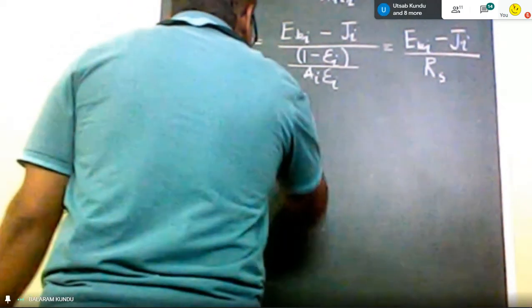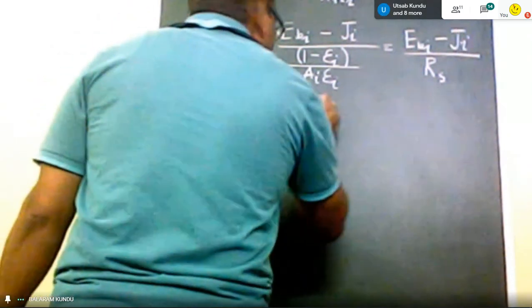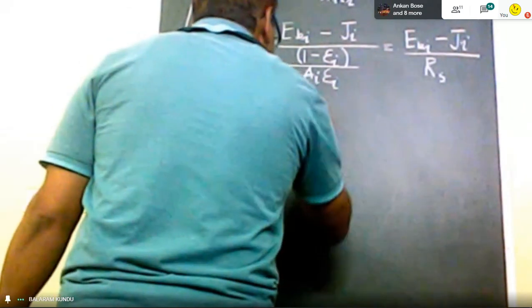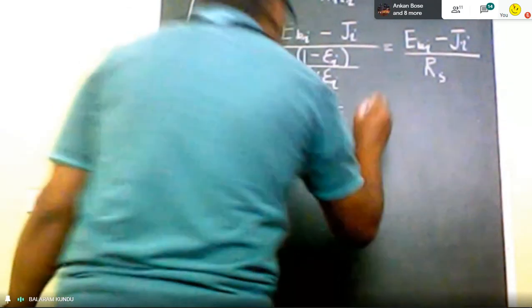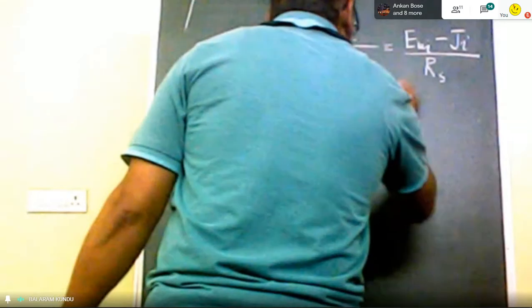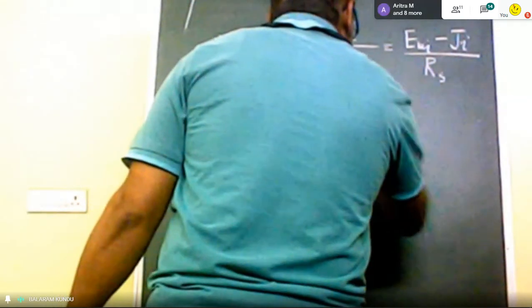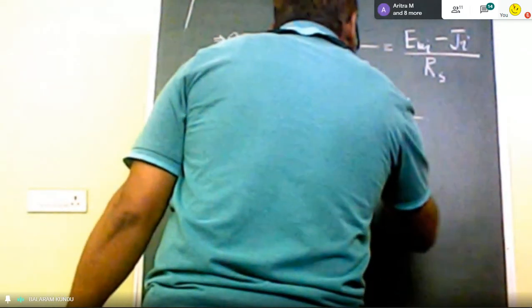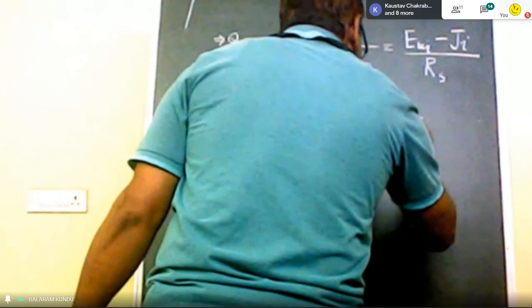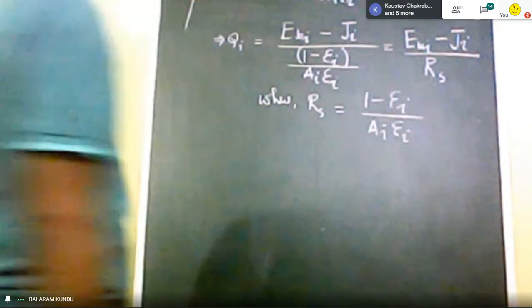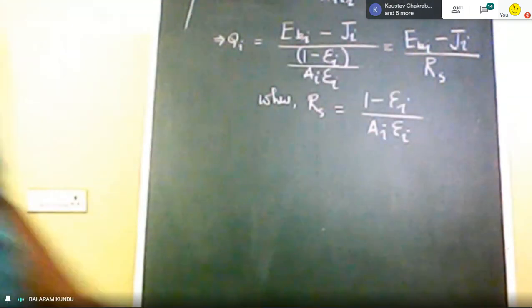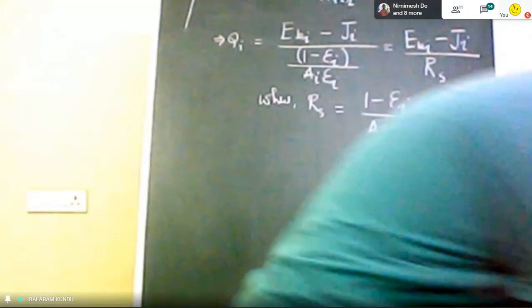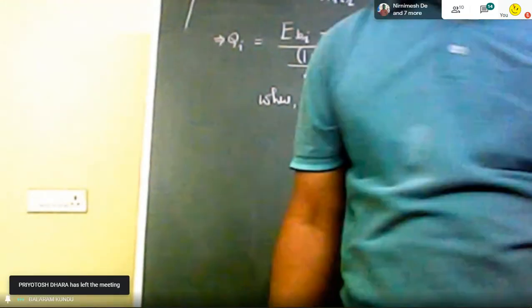So RS should be equal to 1 minus epsilon I divided by AI into epsilon I. Okay, so surface resistance is equal to this.